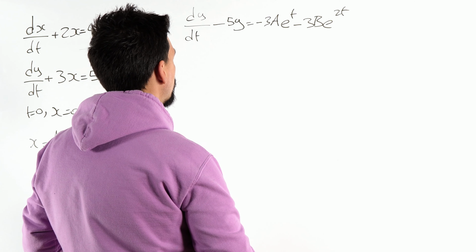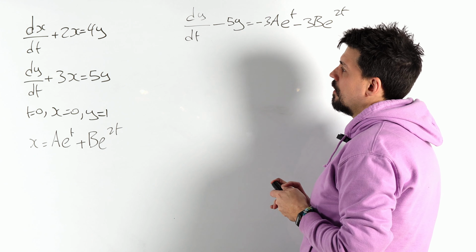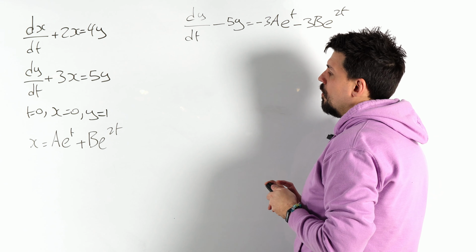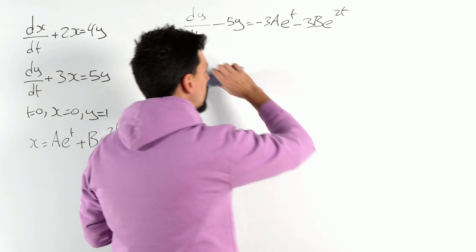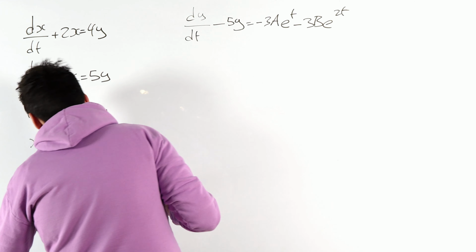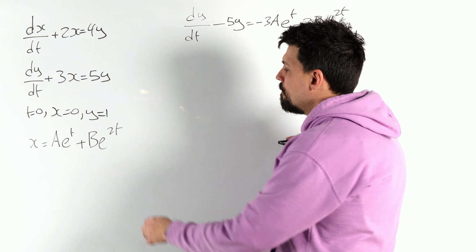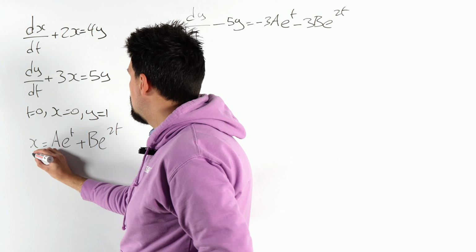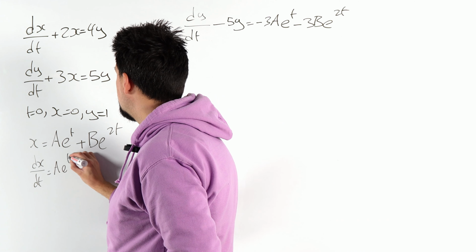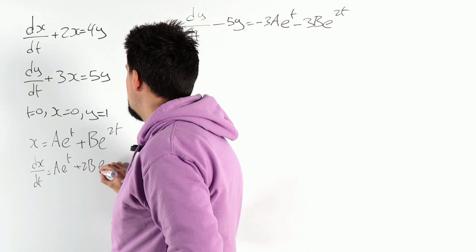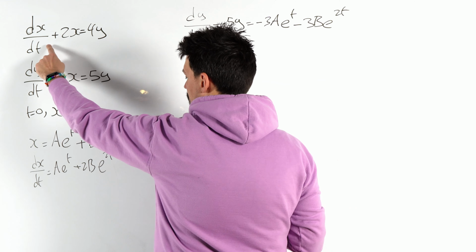All right? So that's one option, and we can solve this, right? But you've already got something here. So how about we have a look at this one? dx/dt is a e to the t plus 2b e to the 2t. Let's plug all of that into here.